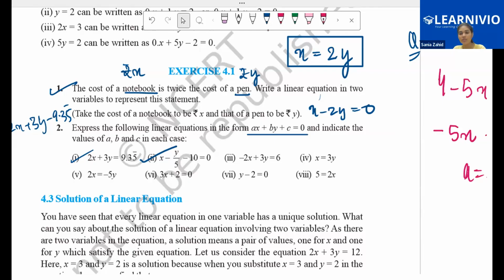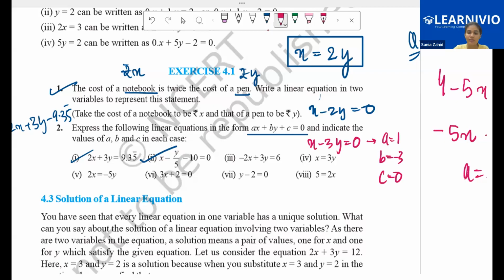First, tell me the general formula. x minus 3y is equal to 0. Yeah. What is A, B, and C? A is 1, and then B is minus 3, and there's no C. So A is 1, B is minus 3, C is 0. Fine.